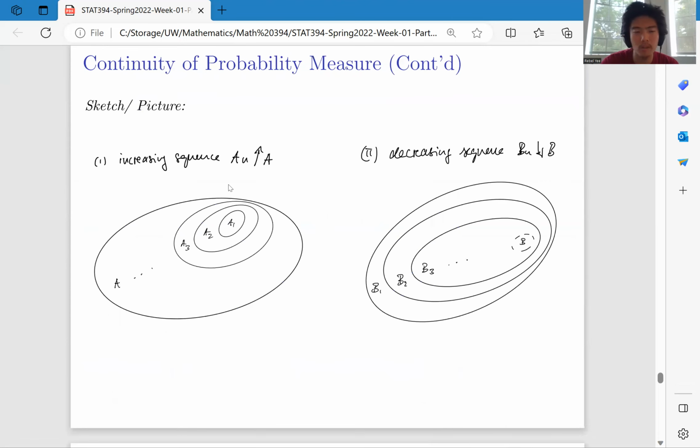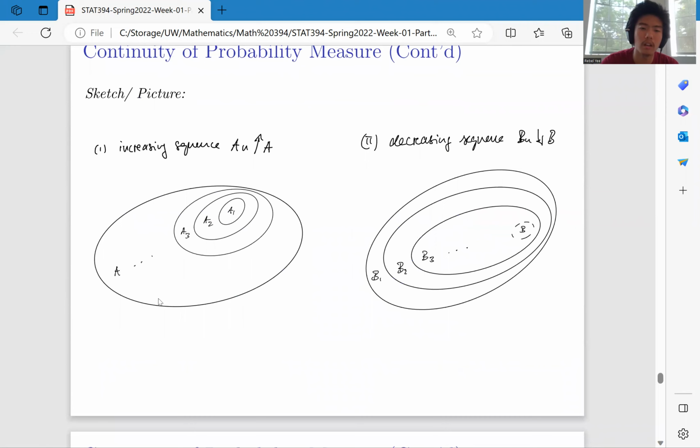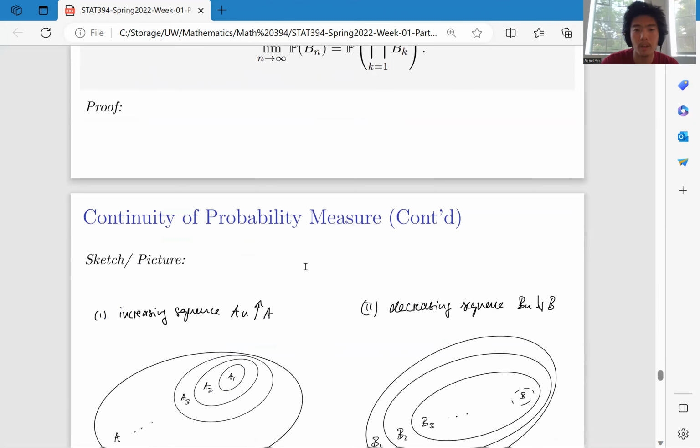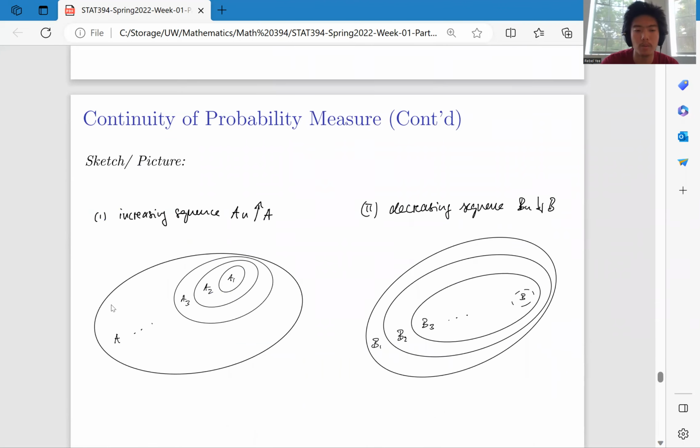From this diagram, it's not very hard to understand, because An is always the largest one. So this will equal the probability of An, because the union of all sets up to the term An is just An, so that's the case.